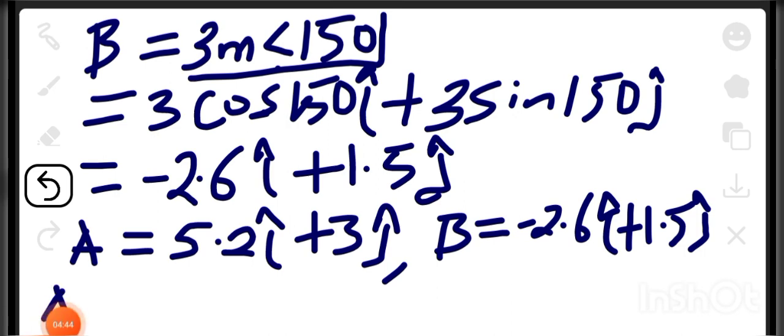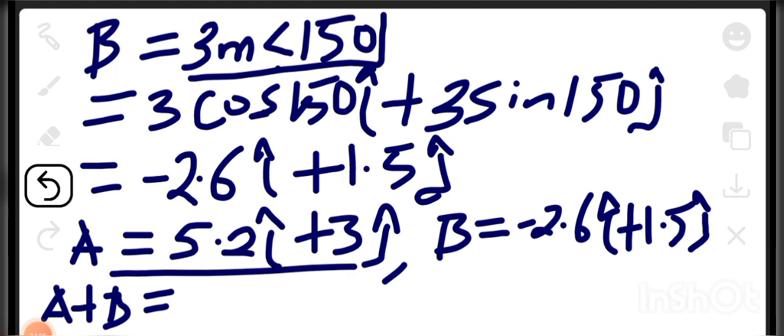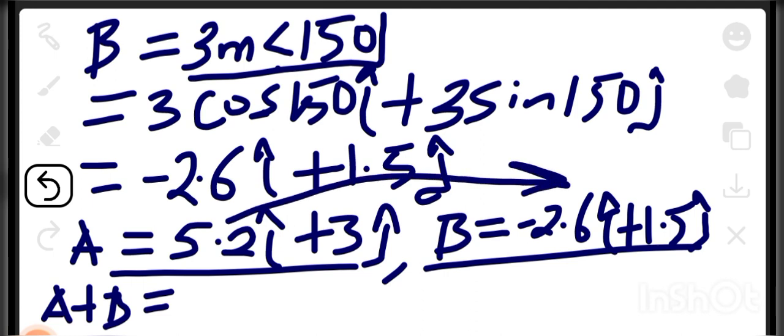So what will now be a plus b? A plus b will be this plus this. And how are you going to add it? You add i to i, then you add j to j. That's how to add vectors.